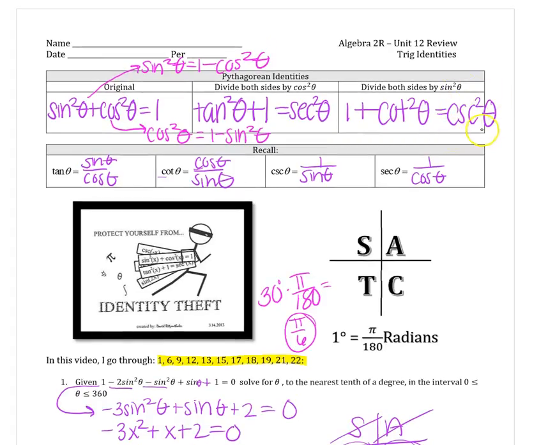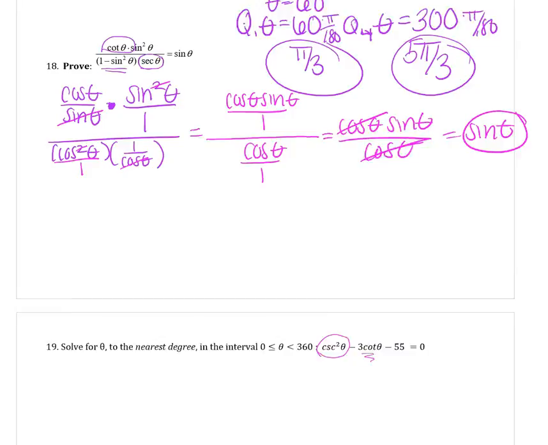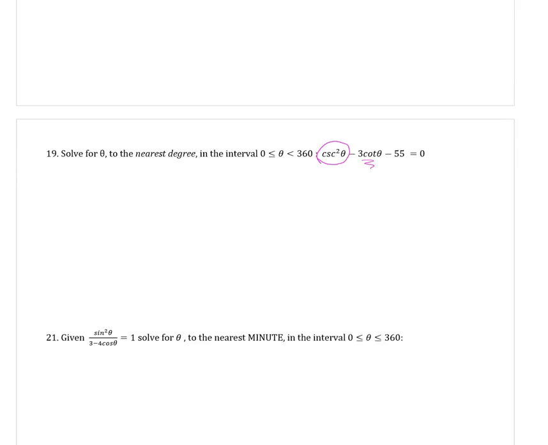Cosecant squared theta is 1 plus cotangent squared of theta. So I'm going to make that substitution. Okay, so now we're going to just clean this up a little bit.